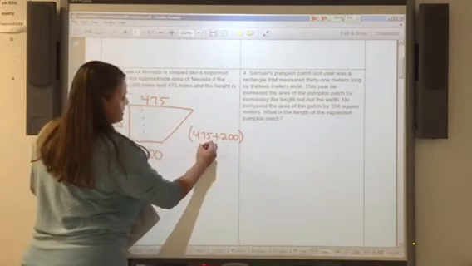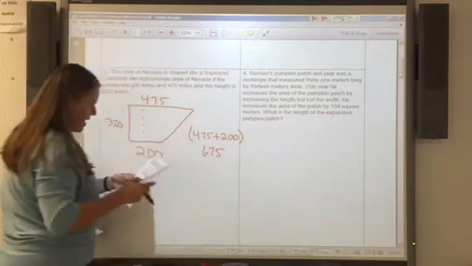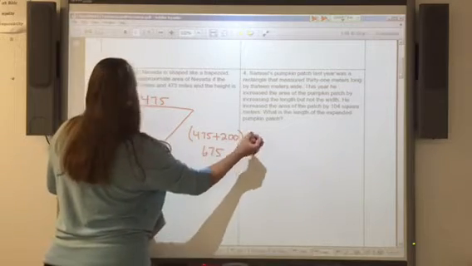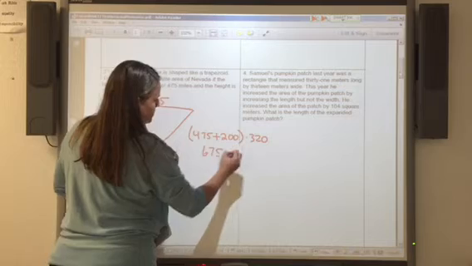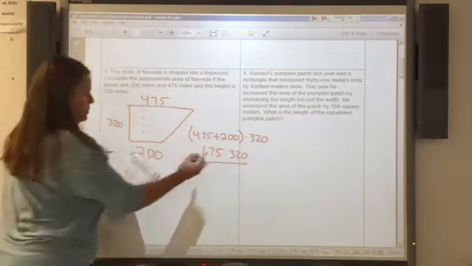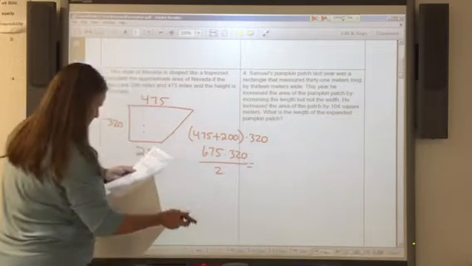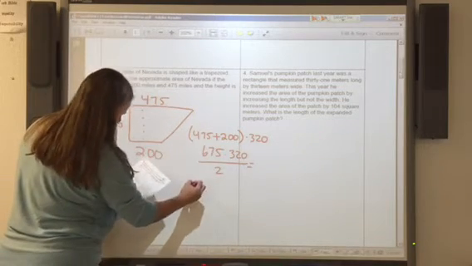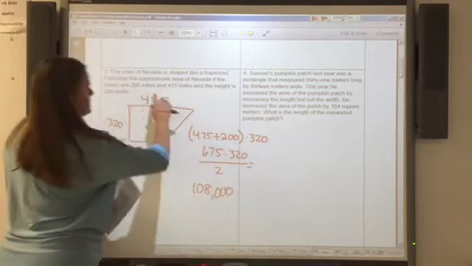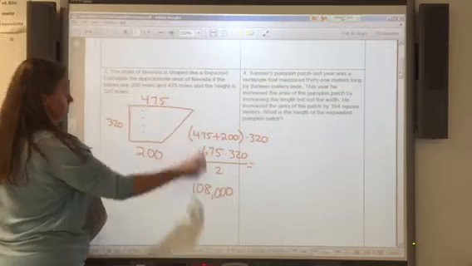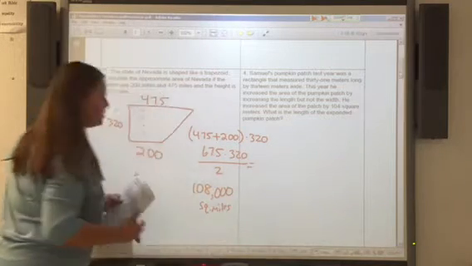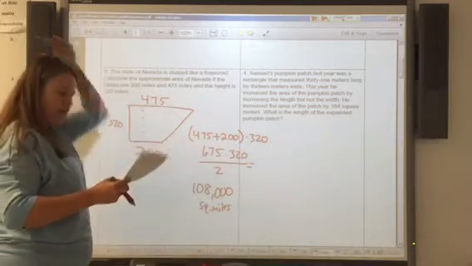And that's going to be 675. And then we're going to multiply that times the height, so times 320, and we're going to divide all of that by 2. So that's going to be a total of 108,000 square miles. Okay, so multiply, then we divide by 2.